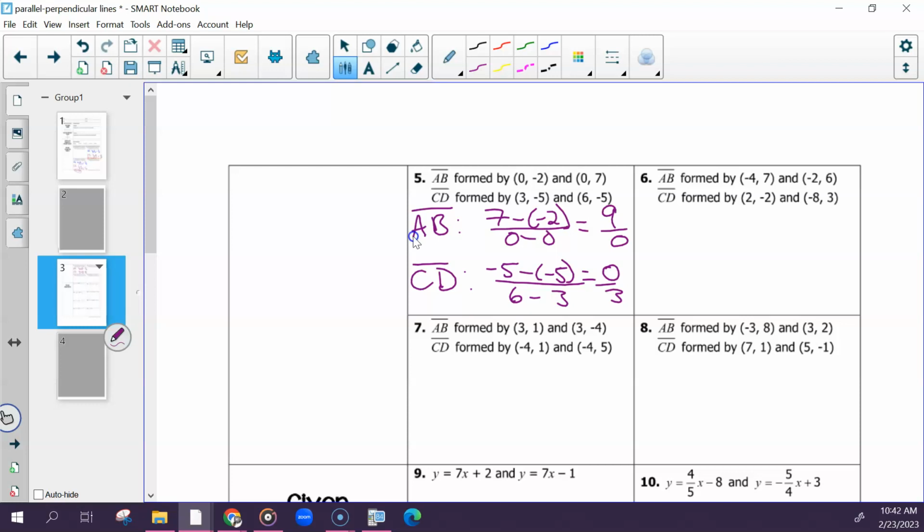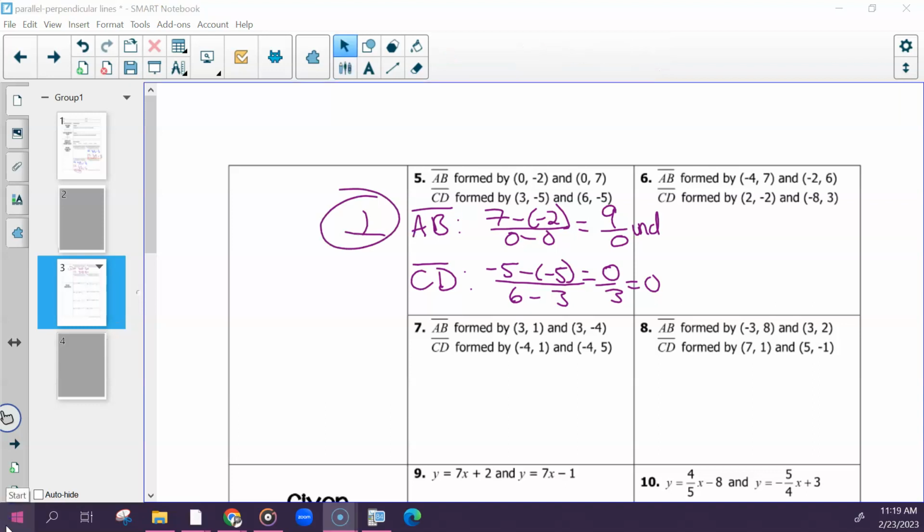As is, are these parallel, perpendicular, or neither? That's what I thought you would say. We have to remember that anything over 0 is undefined, and 0 over anything is 0. What are 0 and undefined, parallel, perpendicular, or neither slopes? Perpendicular. That's going to be one that trips you up if you don't remember what those look like.